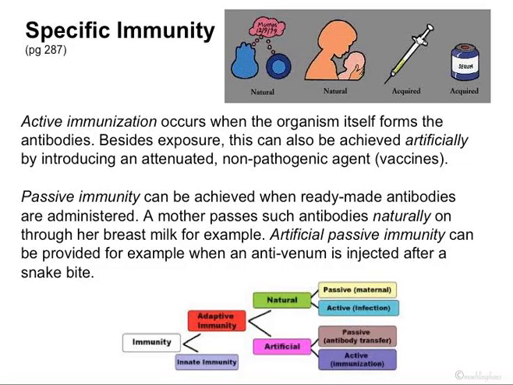Or it can also be achieved artificially by introducing an attenuated, non-pathogenic agent. Meaning, it's basically a vaccine, an agent that gets your immune system activated, but doesn't have the properties to make your body react with fever and make you sick.